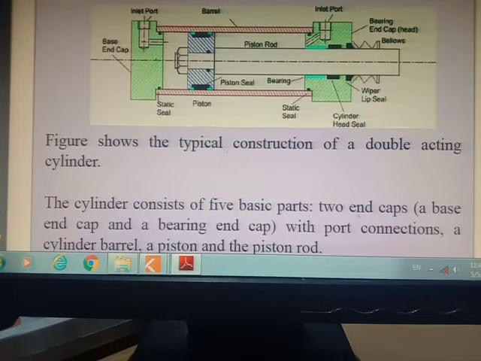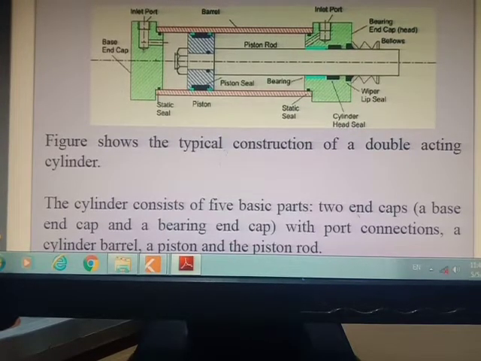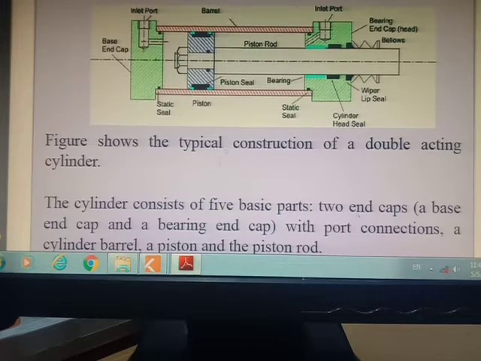Boys, you remember in the last lecture we started with actuators, and in actuators we finished the linear actuators, or we can say the hydraulic cylinders. Now on your screen you can see one of the hydraulic actuators, which is a double acting hydraulic cylinder. It is shown here.